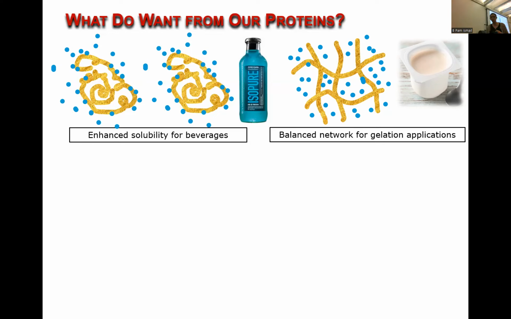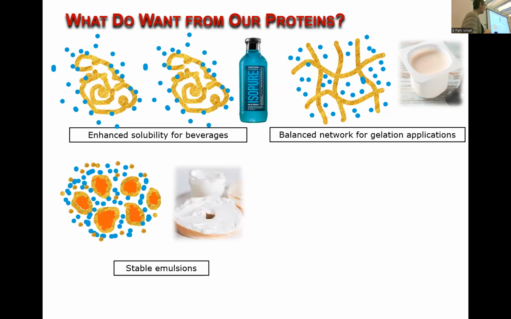We also want them to emulsify like plant-based cream cheese. We have a lot of fat and aqueous, and we want the protein in there to emulsify and have a nice cream cheese that is non-dairy.